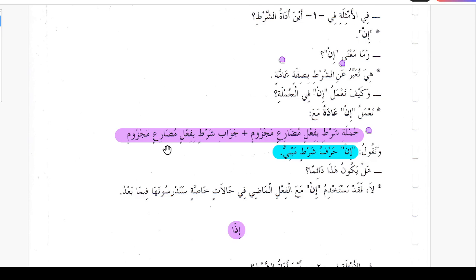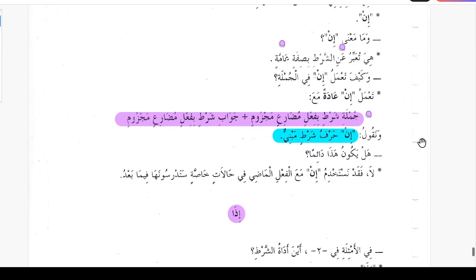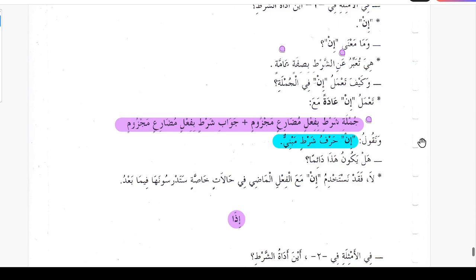So in other words, when in comes as the tool of the condition, the fail mudare becomes majzum, and the jawabu shart also becomes majzum.